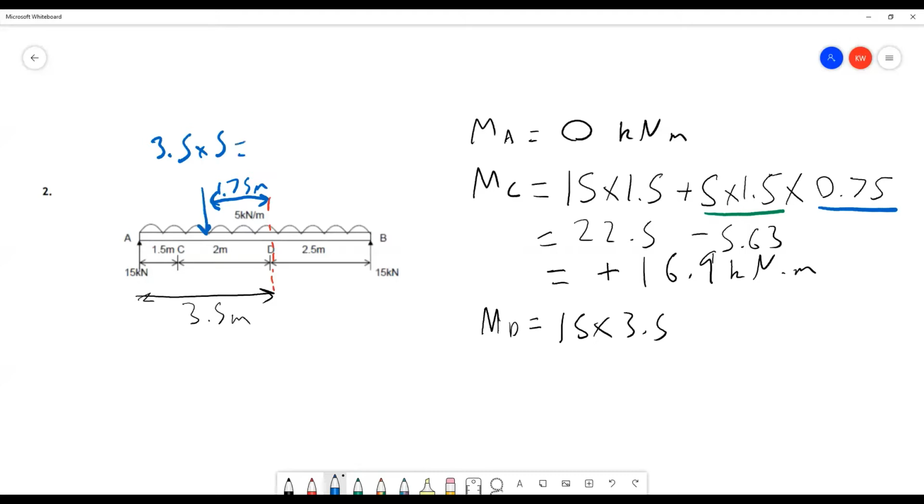I believe that's 17.5 kilonewtons. I should have worked that out beforehand, but it all comes out in the wash when we do our calculation. So we've got that force applied halfway along.